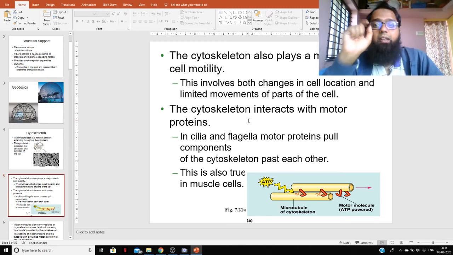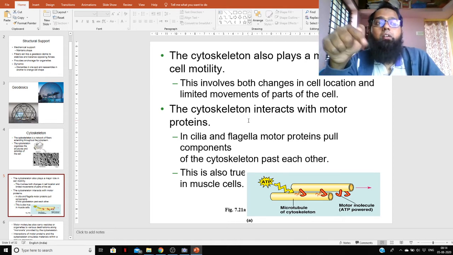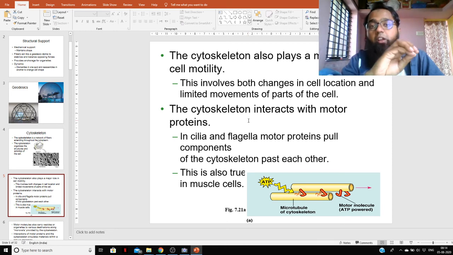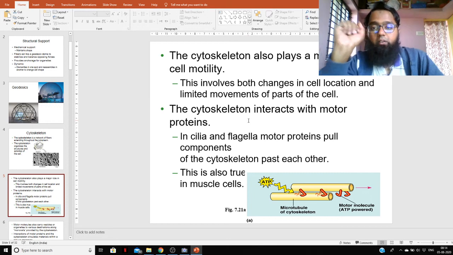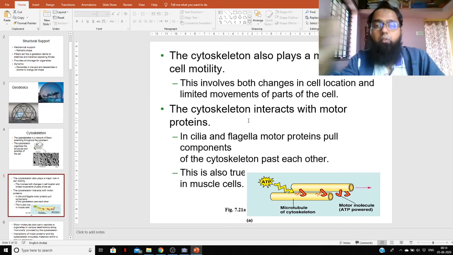There are different movements happening inside the cell, that means the transportation of materials from one part of the cell to another part of the cell. These things are happening with the help of the cytoskeleton. Now how? That we'll learn a bit later.